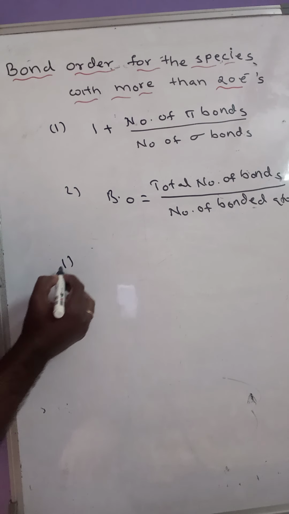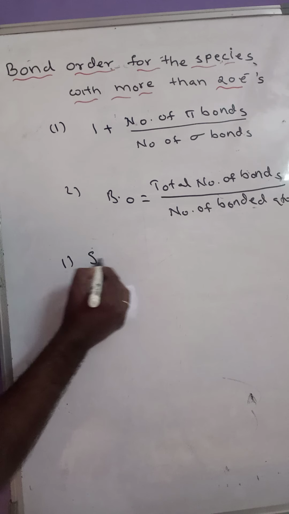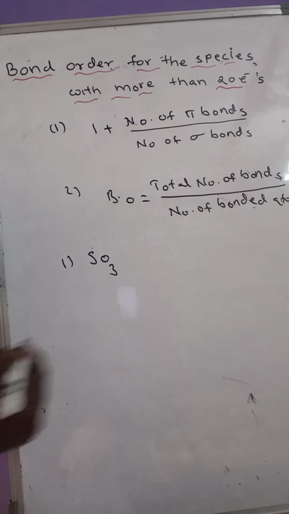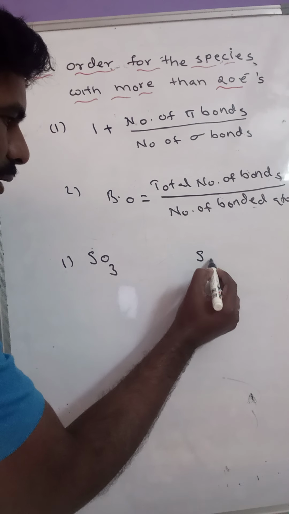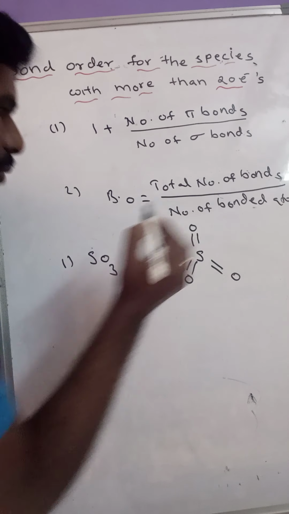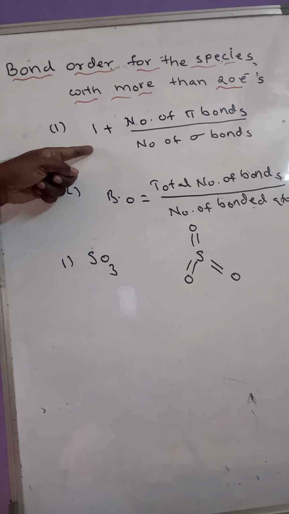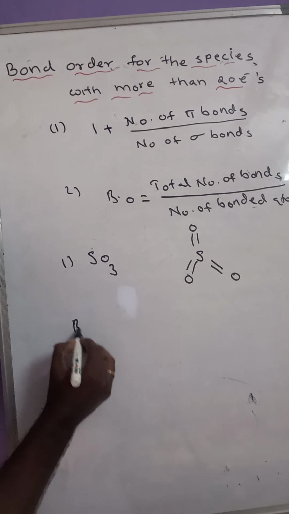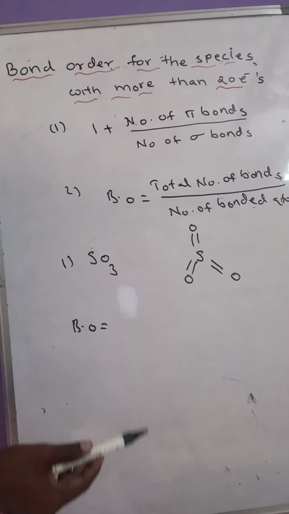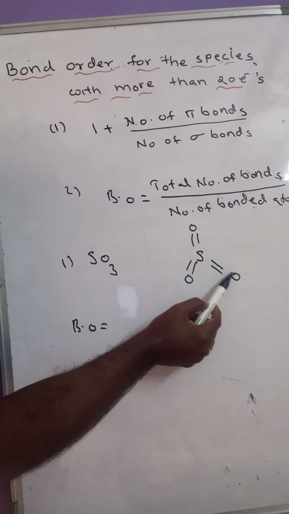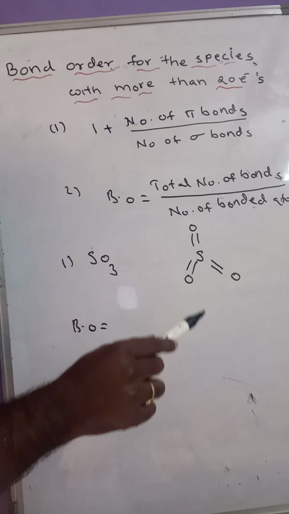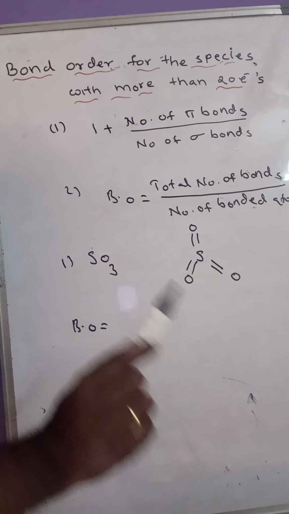The first example, SO3. You have to know how to draw the SO3 structure: one sulfur central atom, with double bonds to O, O, O. Applying formula 1, we count how many sigma and pi bonds are between two atoms. A single bond is a sigma bond.